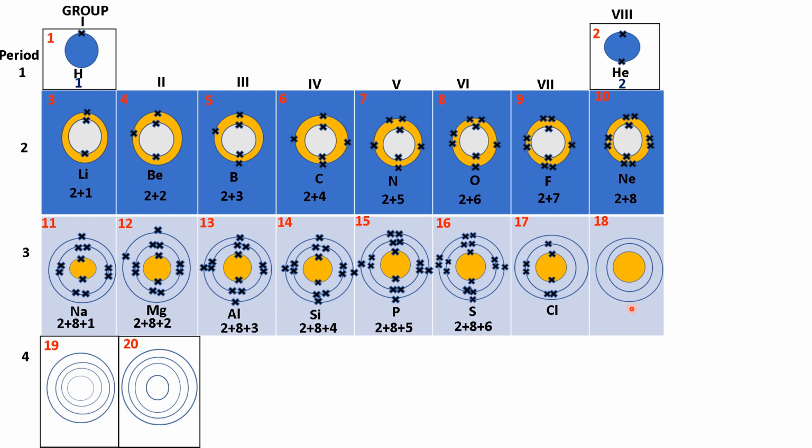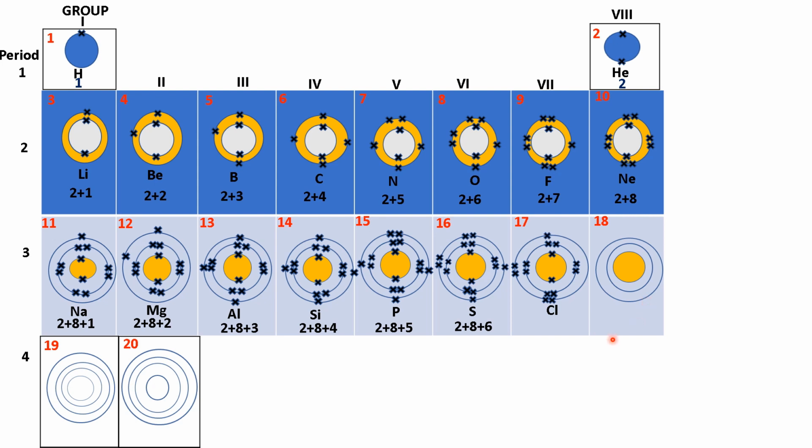Next, argon atom, atomic number 18. We make distribution of 18 electrons because atomic number is equal to the number of electrons present in the atom. Argon atom: in the first shell, 2 electrons; in the second shell, 8 electrons; and in the third shell, 8 electrons.